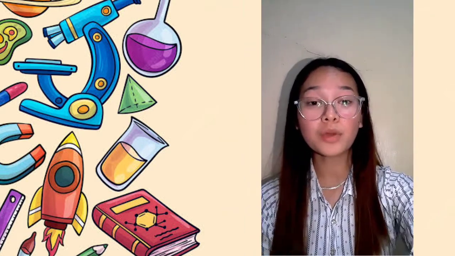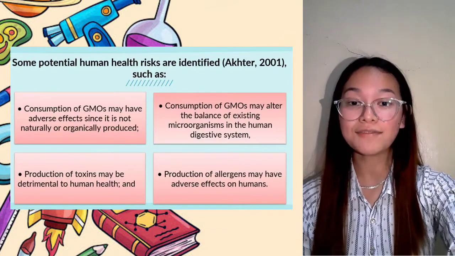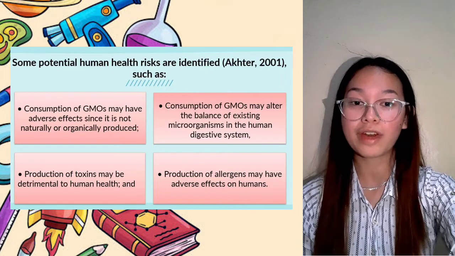This could result from differences in nutritional content, allergic response, or undesired side effects such as toxicity, organ damage, or gene transfer. So the following are some potential human health risks identified according to Actor 2001.